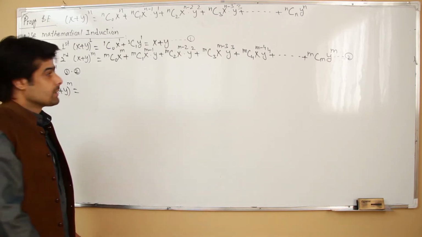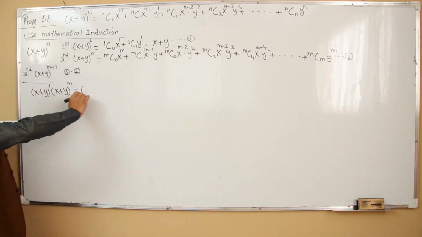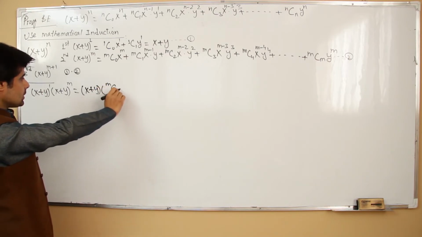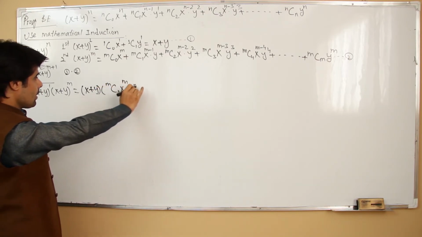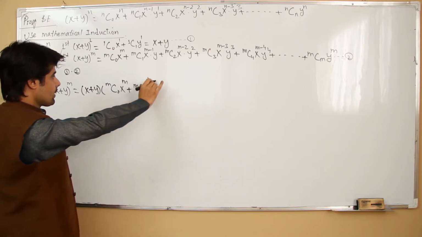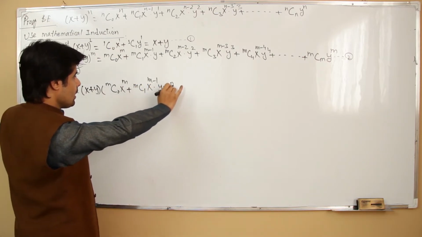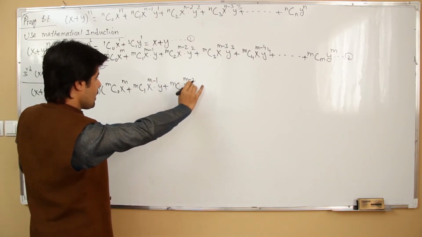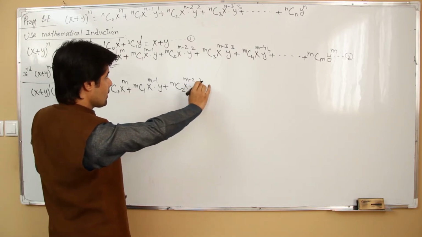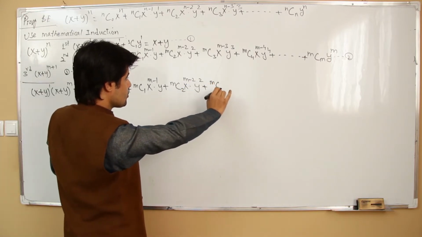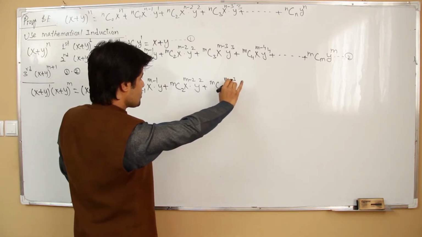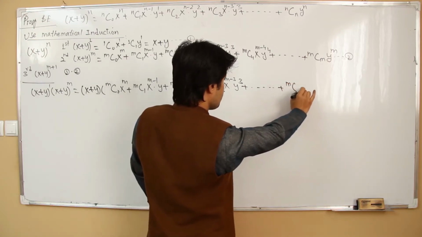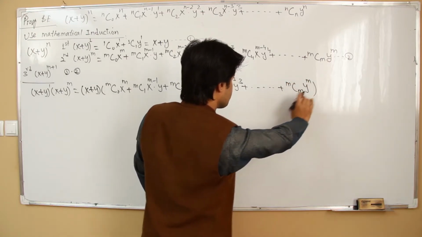Am I right? Yes. Now this side, x plus y, with this one: mc0 x to the power m, mc1 x to the power m minus 1 y, mc2 x to the power m minus 2 y square, mc3 x to the power m minus 3 y to the power 3, up to mcm y to the power m.